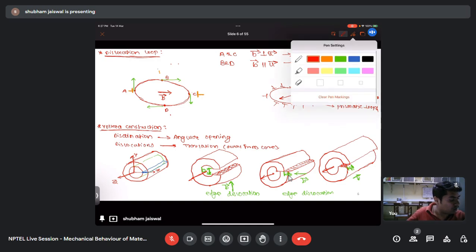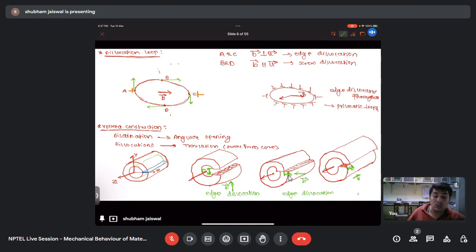So in this case, the Burgers vector and the line vector are both parallel to each other. So this is nothing but a case of screw dislocation.